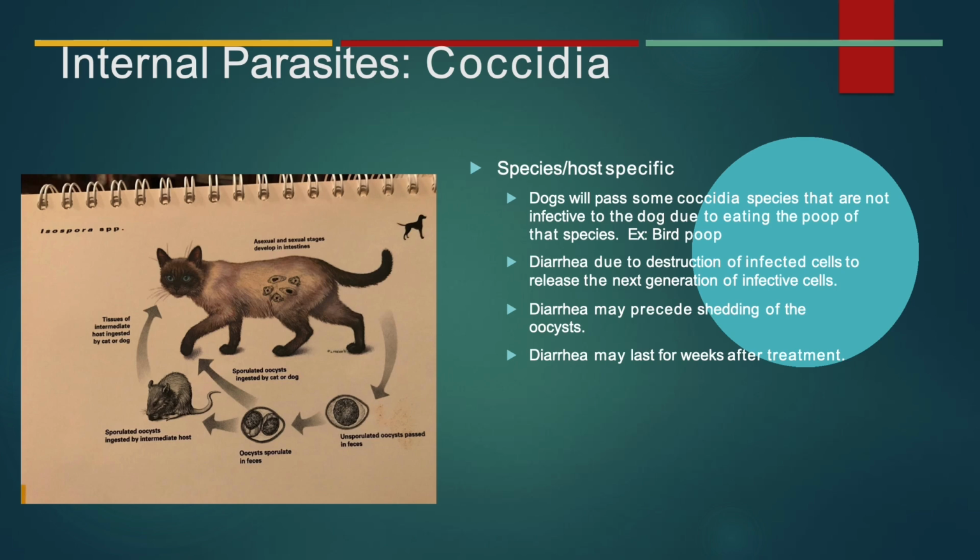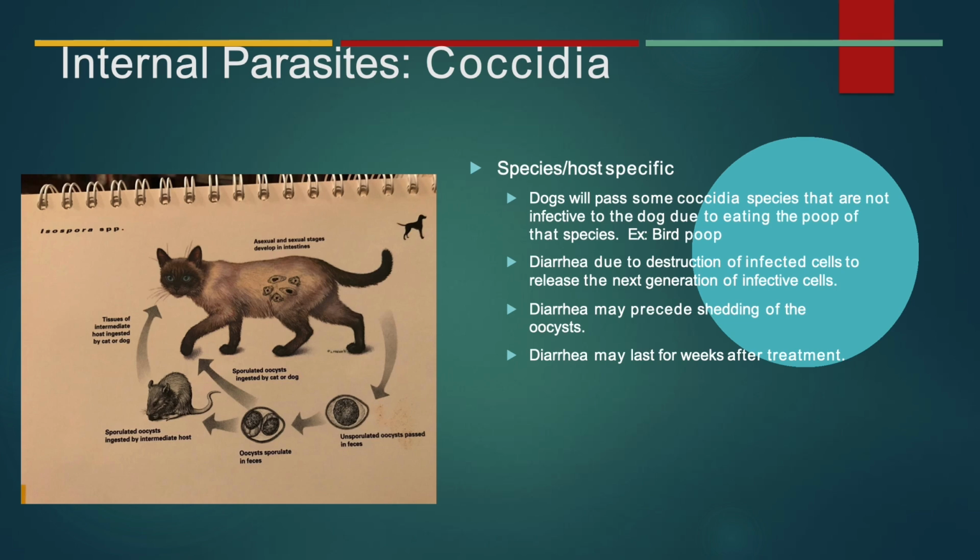This one is actually a little harsh on the body. In order for those eggs to be released, this one actually gets into the cells. So Giardia kind of attaches to the cell, okay? Coccidia invades the cell, and it replicates, and then in order to spread, it has to burst out of that cell, so it damages that cell, and then reinfects the ones next to it, and so on.